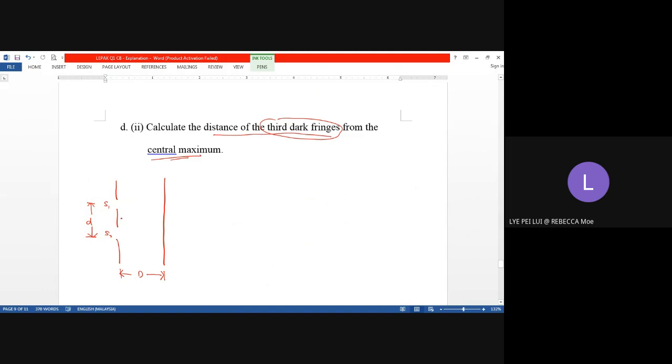In the middle, normally we get the central max, when m equals 0.